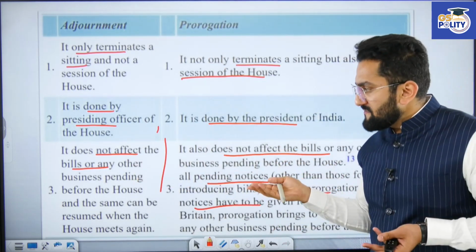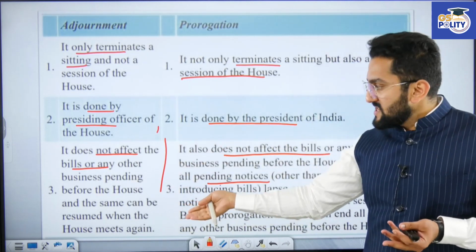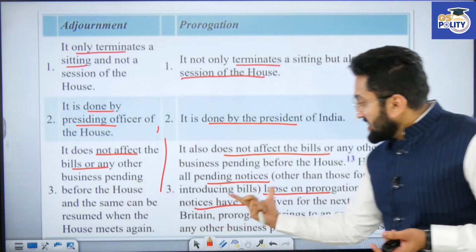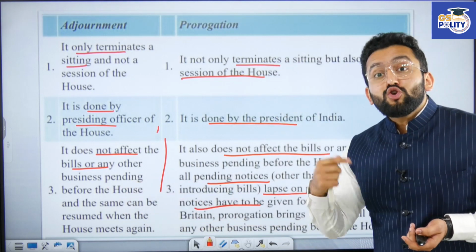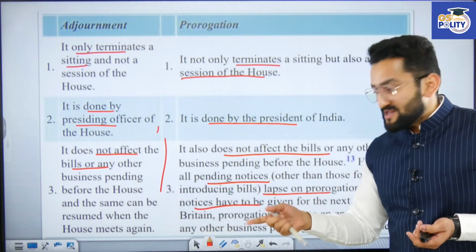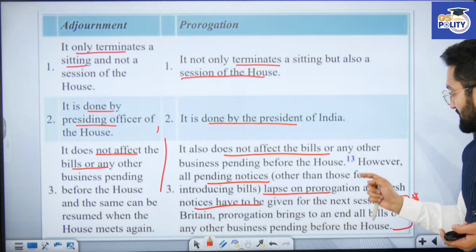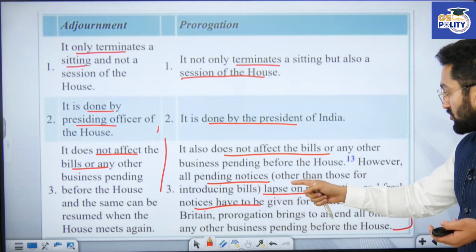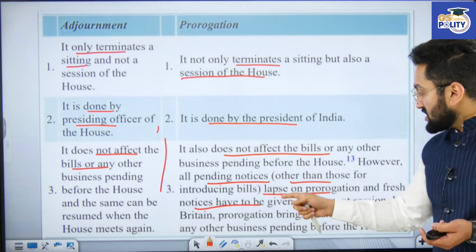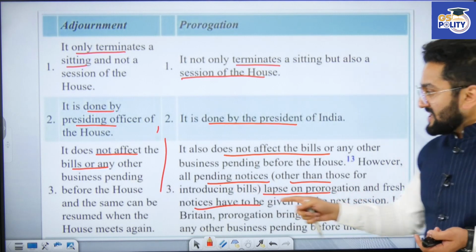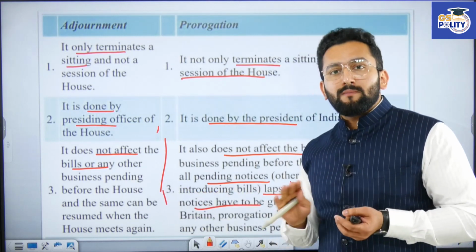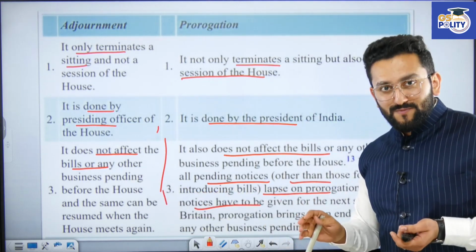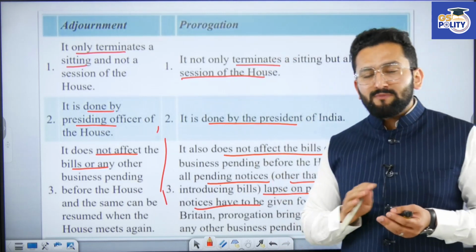Now you would say, sir, what is the difference then? The difference is below. Just read it. When it comes to notices, for example, pending notices, other than those introducing bills, they lapse on prorogation. But in adjournment, the notices do not lapse. For example, let me give you an example.